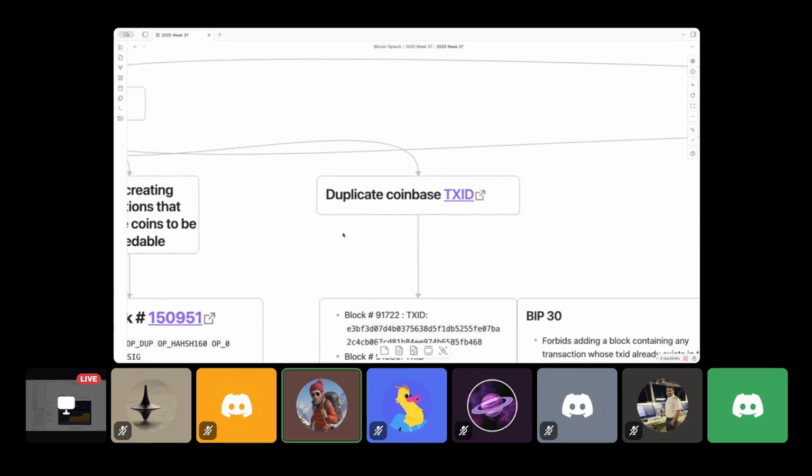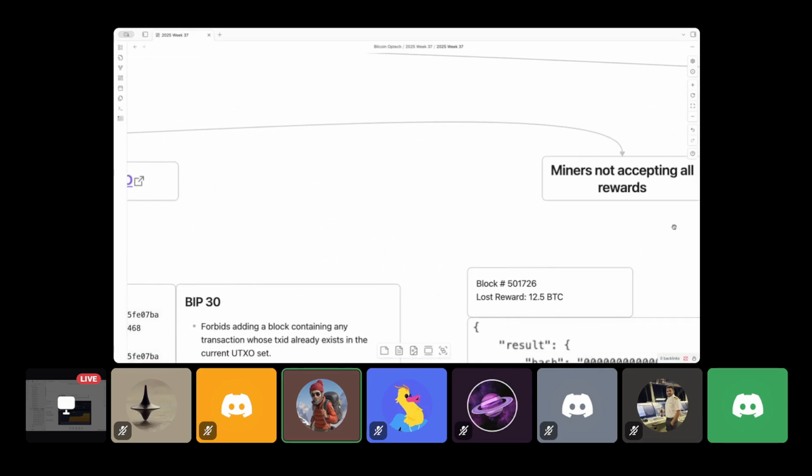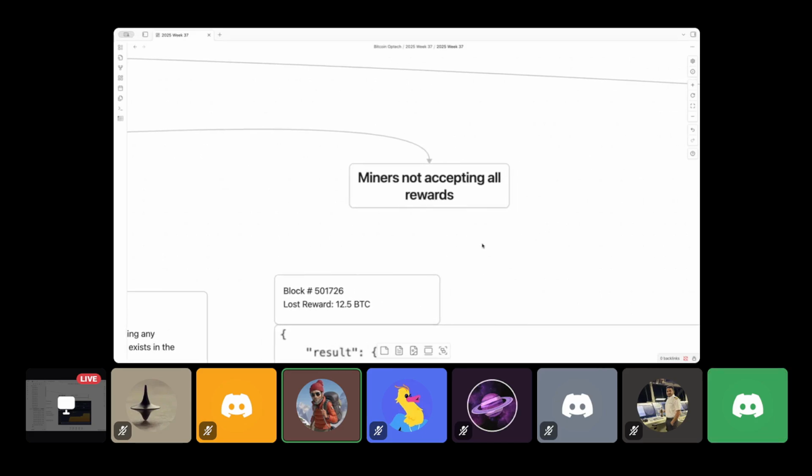Then there are duplicate transaction IDs, not just Coinbase but also other transaction IDs. Although creating two identical transaction IDs in a non-Coinbase transaction is quite difficult, it occurred in Coinbase transactions, so some coins have been lost to this phenomenon. There is also the case where miners did not accept all the rewards that they were entitled to under the protocol.